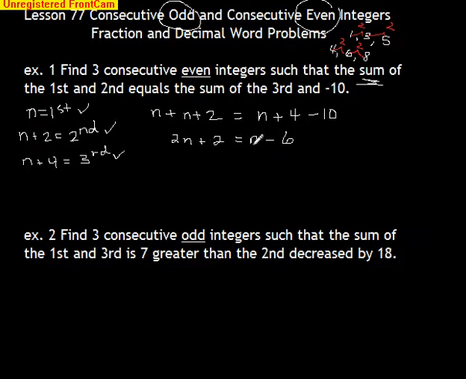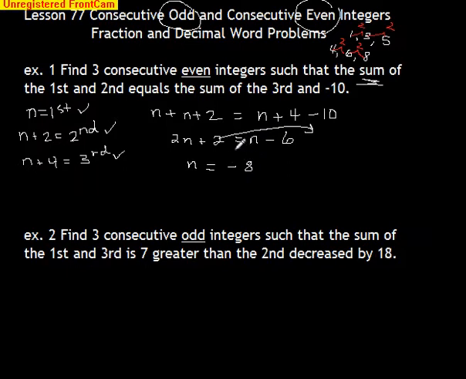You can do these things in your head. So I'm going to put all the n's on the left side, so that means I'm going to subtract n from this side. I'm going to subtract n from this side. 2n minus n is just n. And I'm going to bring the positive 2 over here, so I'm going to subtract 2 from this side. I'm going to subtract 2 from this side, so I'm going to get minus 8.